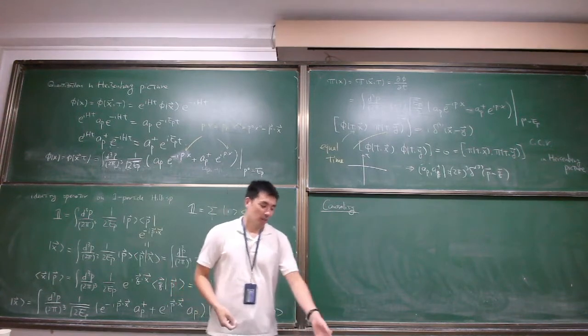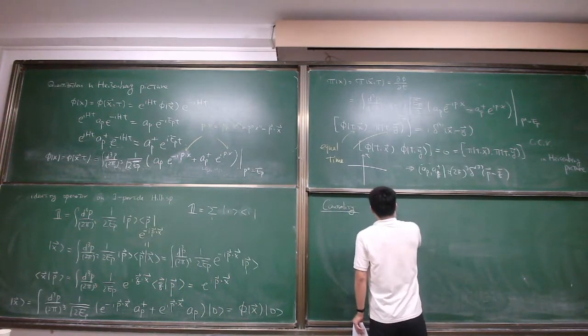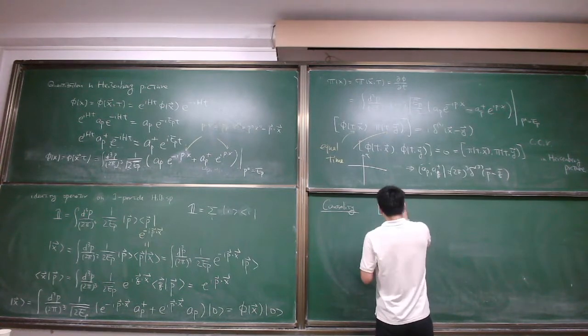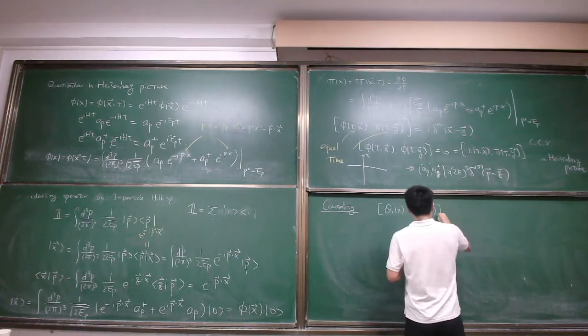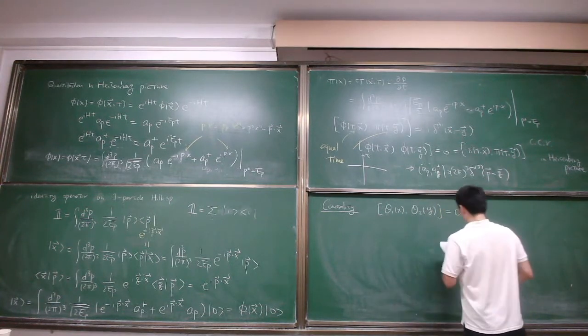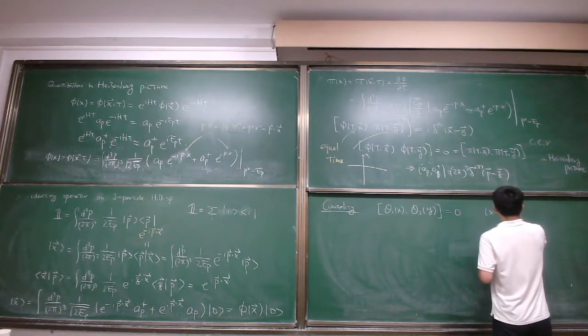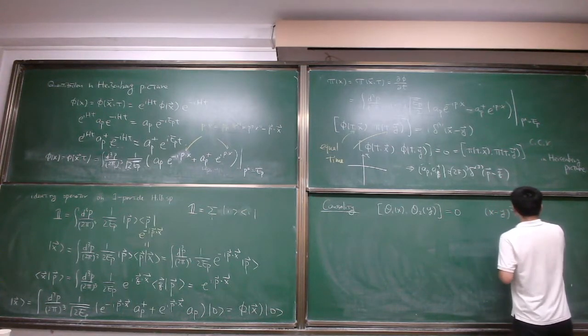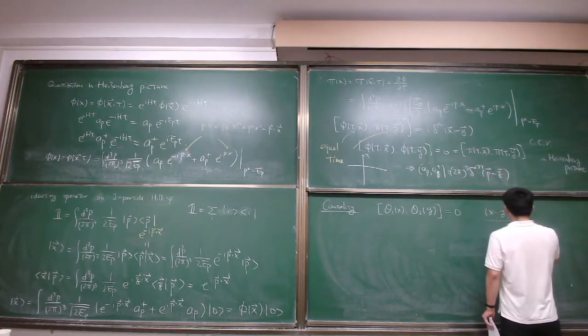So in other words, the operator O(x) has to commute if x, y are related by space-like separation.